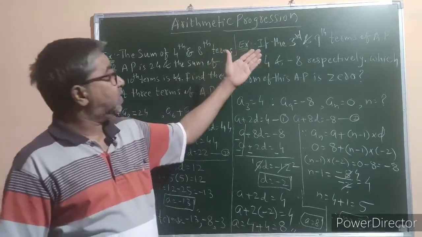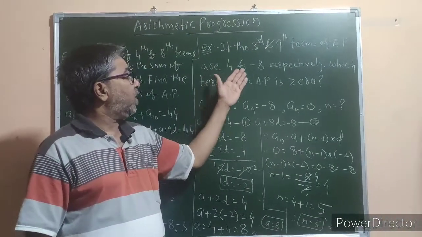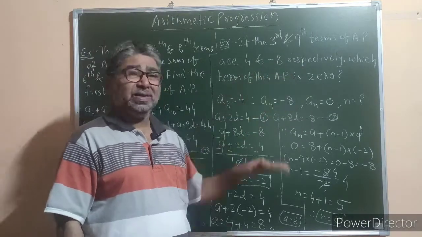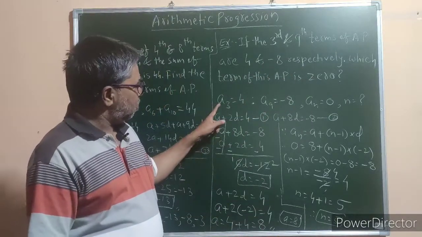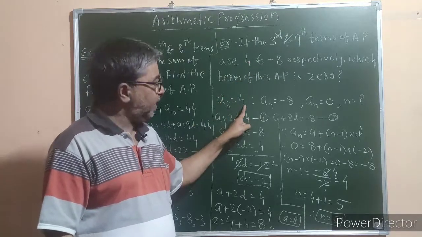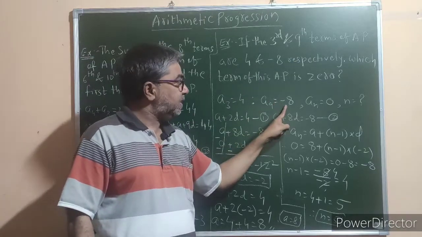The example is, if the third and ninth terms of an AP are 4 and minus 8 respectively, which term of this AP is 0? So third term a3 is equal to 4, ninth term a9 is equal to minus 8.